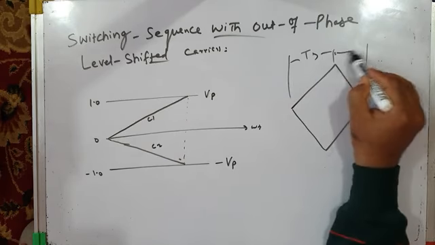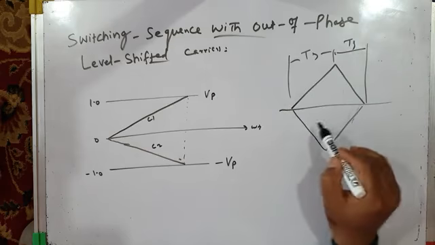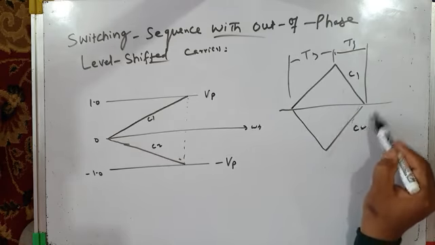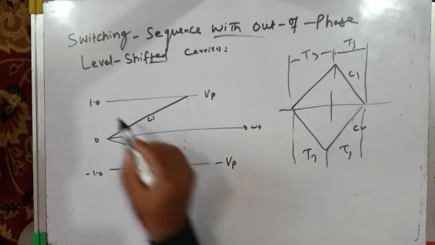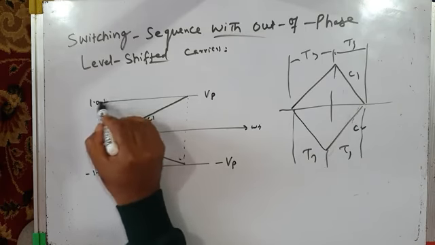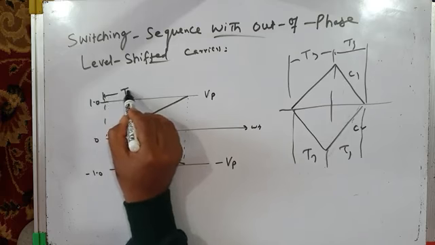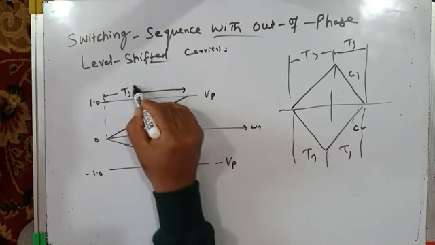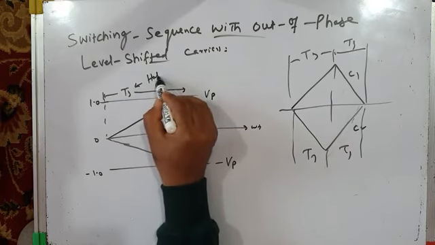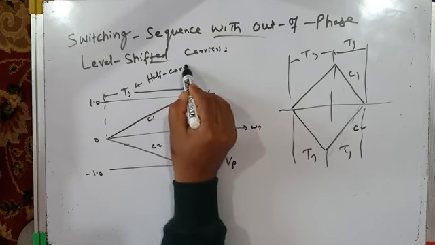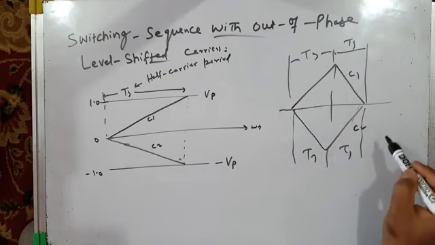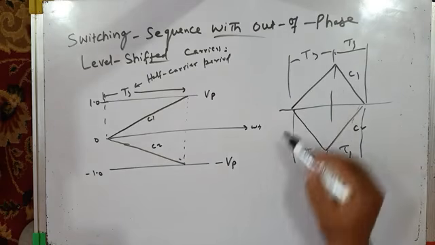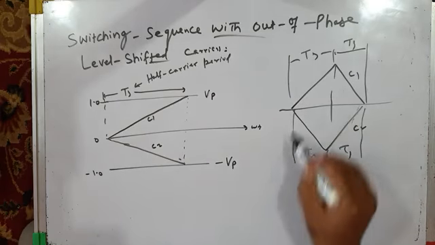This is one subcycle, this is another subcycle. I am taking this subcycle, the half carrier period, TS. The full carrier period is TS plus TS, 2TS.